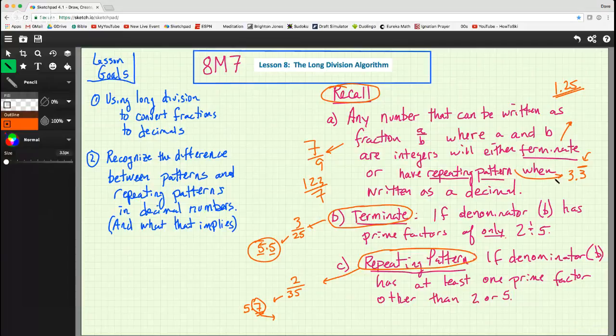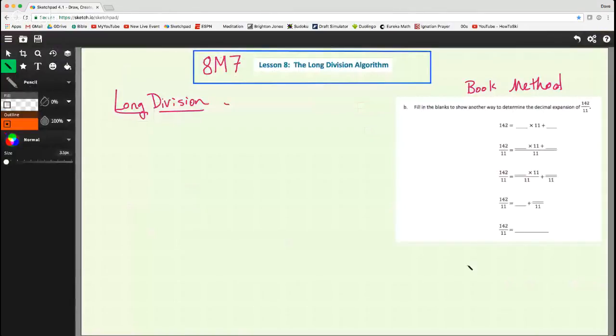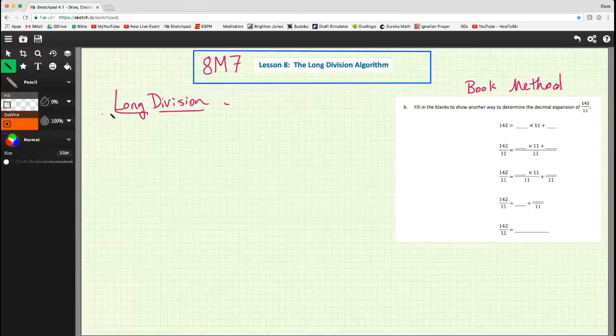I'm just recalling it for you here because it will come into play as we talk further about long division. So let's look at this. Now, I usually go with teaching you how the book teaches you how to do any lesson, but I just find this a little bit cumbersome and difficult.